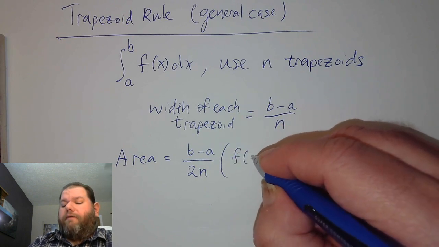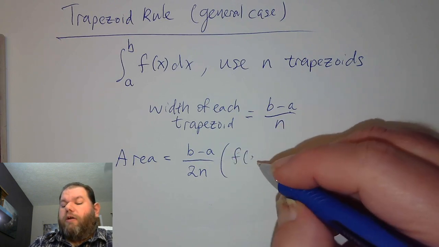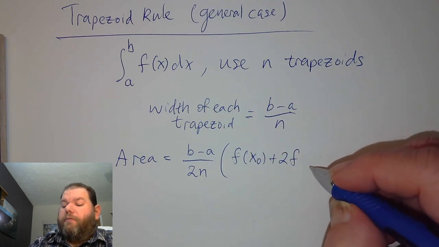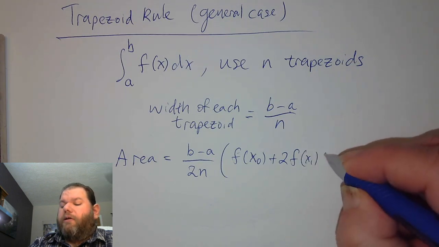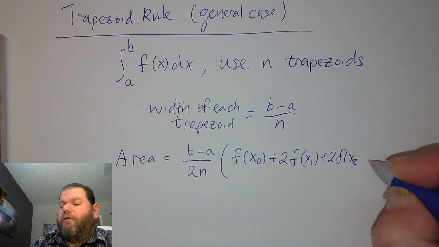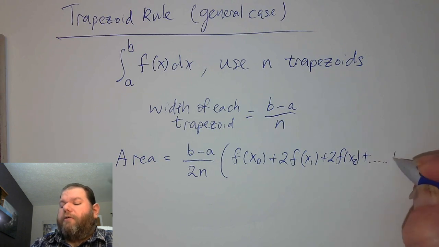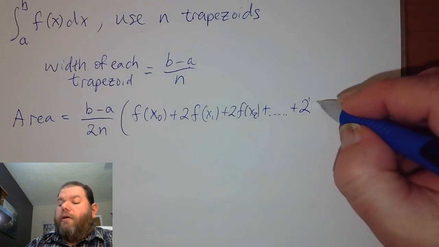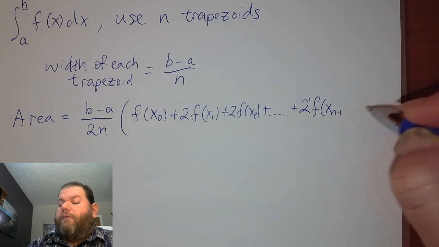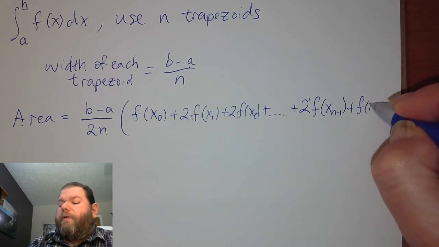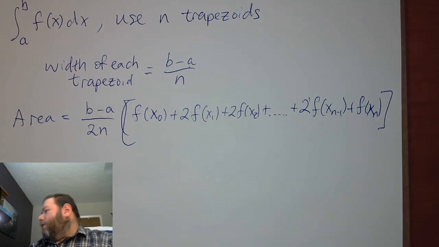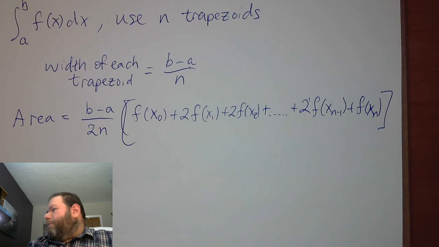And we have f of x0, 2 times f of x1, 2 times f of x2. And we keep adding those together until we get to 2 times f of xn minus 1 plus f of xn close parentheses, or actually bracket, is what I use. Okay, and that's our formula for the trapezoid rule.